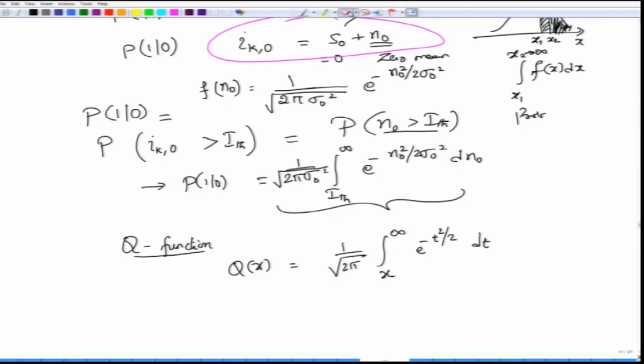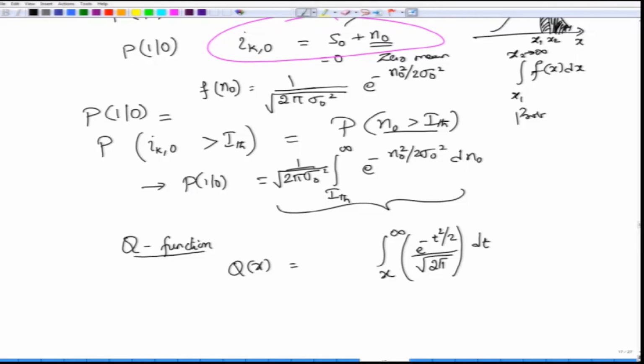Of course, you can actually push this 1 by square root 2 pi into it. So, you will actually be looking at the area of this particular curve, which I just wrote down in the bracket, okay, and this area from x to infinity. What kind of a curve is this?